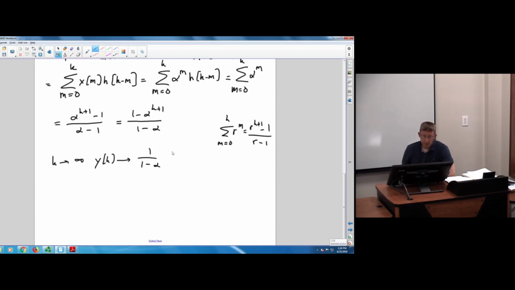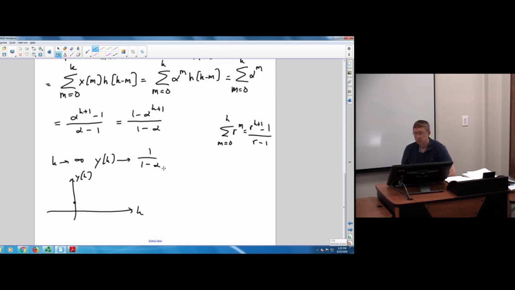So what does this signal look like? What about at time 0? At k equals 0, I get 1 minus alpha over 1 minus alpha, which is 1. So y of k starts off at 1. Then depending on the value of alpha, well, we know alpha was a real number between 0 and 1.